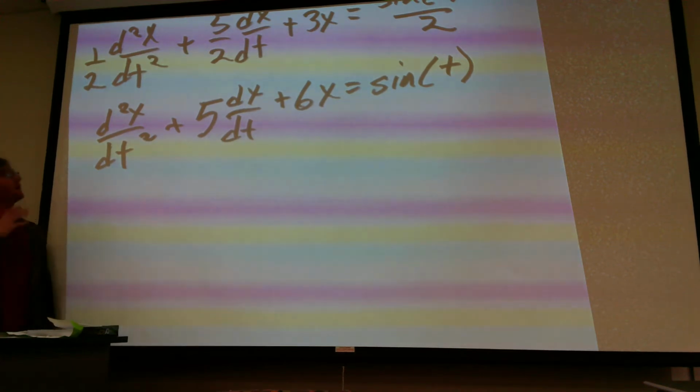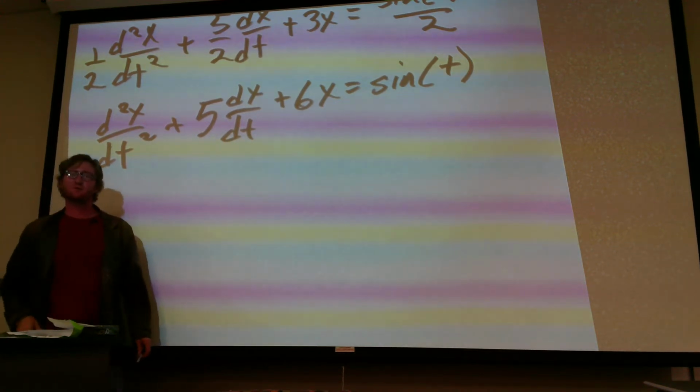Okay, so now we have a non-homogeneous second-order differential equation.